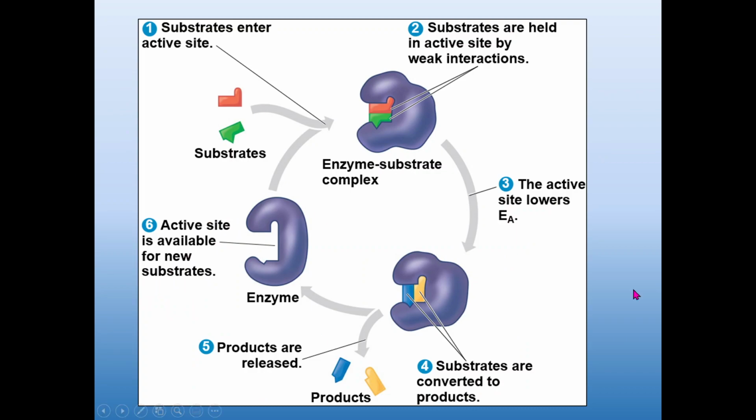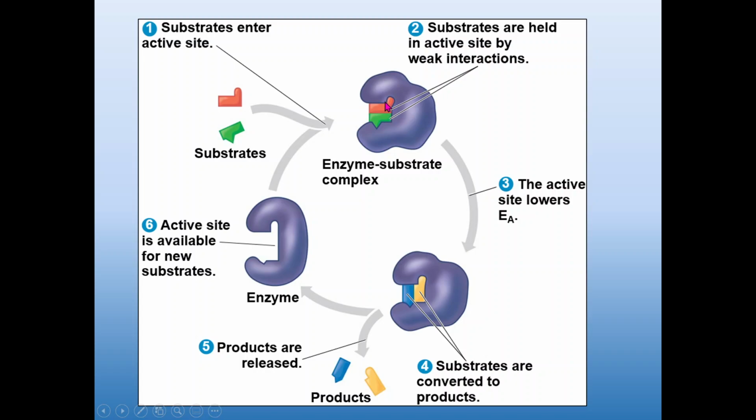So here's another figure just showing the same thing. Here we have two substrates, two reactants, and we want to get two different products. Those substrates come in, they bind to the active site of our enzyme, forming our enzyme substrate complex.